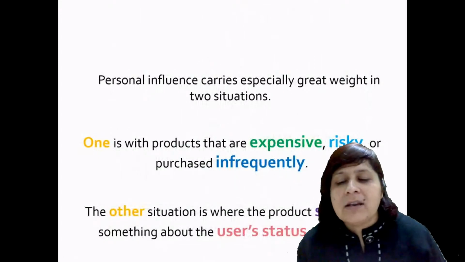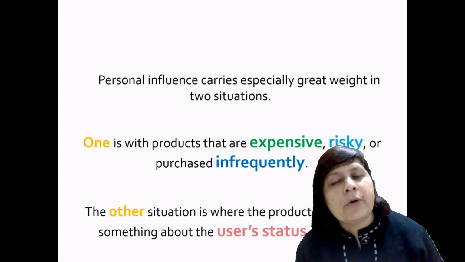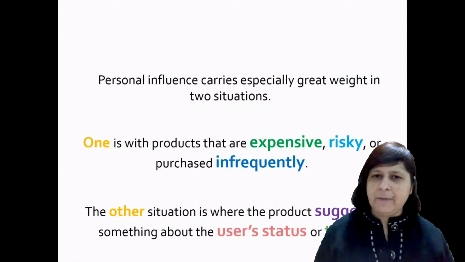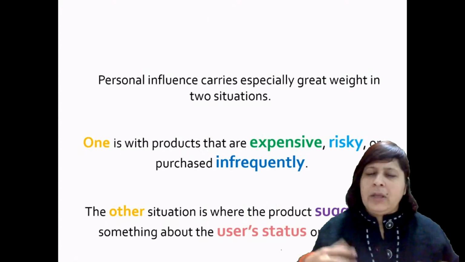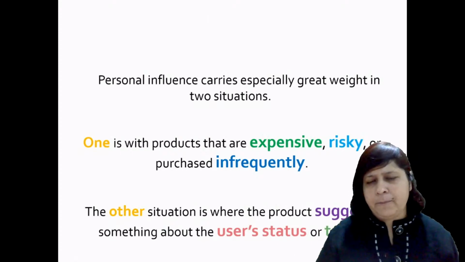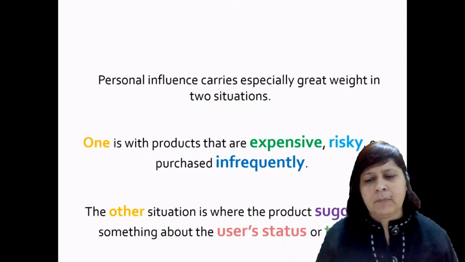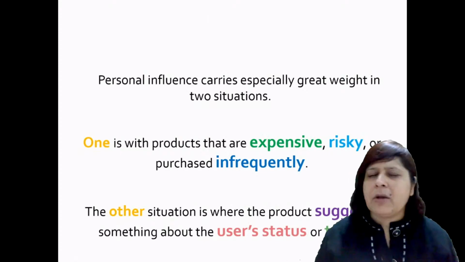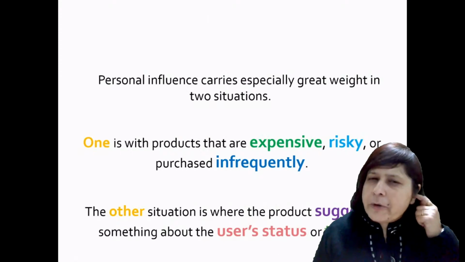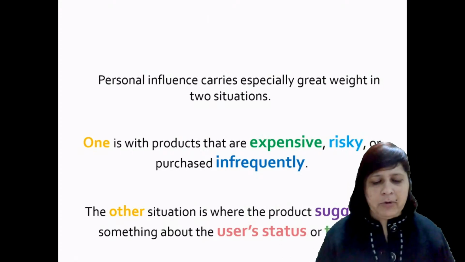Personal influence carries especially greater weight in two situations. First is when the product is expensive, risky, or purchased infrequently, right? There are certain products which people don't prefer to buy because they could be expensive, or because of the risk involved with that product, right? Then word of mouth, the personal selling, plays an important role in that.